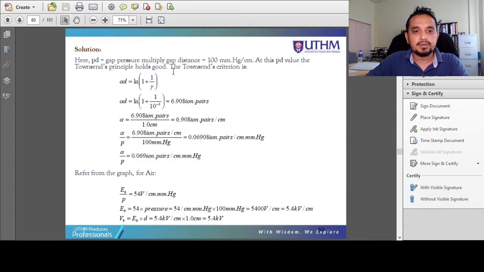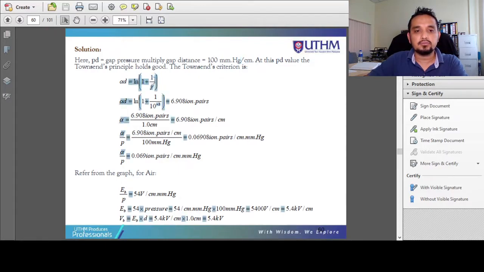This gap pressure distance is equivalent to 100 mmHg per centimeter, because it is mentioned before as 1 centimeter. At this PD value, the Townsend principle holds good. The Townsend criterion.